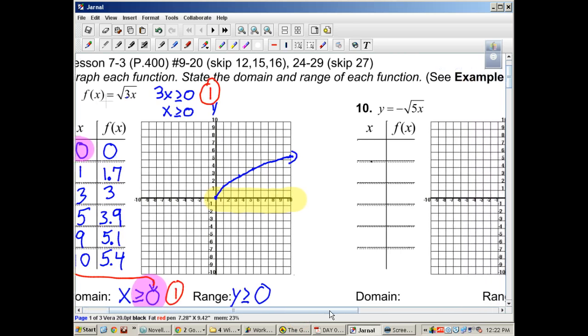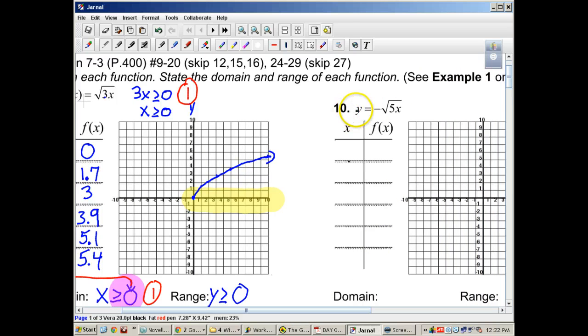Okay, as I mentioned before, what do you expect number 10 to look like, given that there's a negative right here? Yeah, it's going to be like a parabola, but opening down. So it'll be like this graph, but opening down. And this one's going to be a 5x, so yeah, it'll look a little different. So we already kind of have an idea what it'll look like before we start. What's the domain?